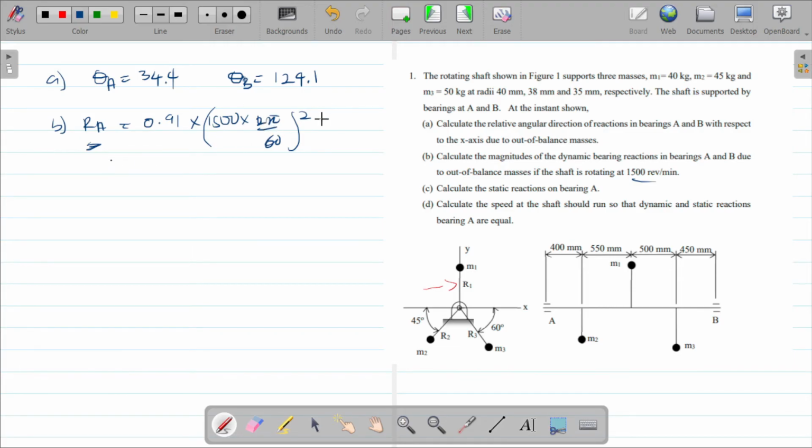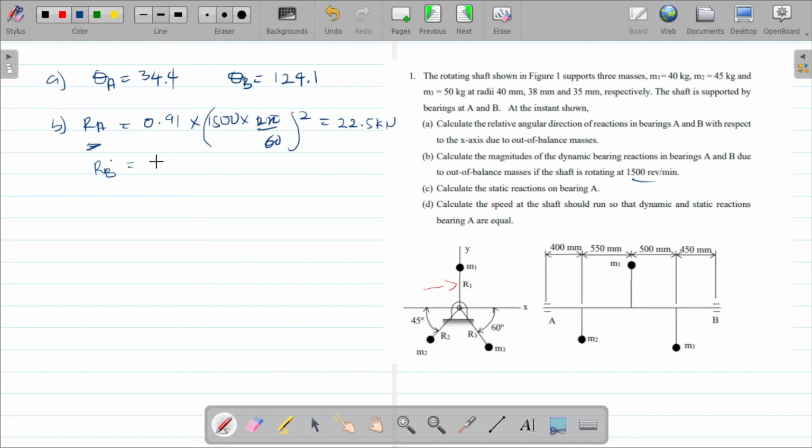So RA will be equal to 0.91 multiplying 1500 times 2 pi on 60, squared. So that gives us 2.5 kilonewton.